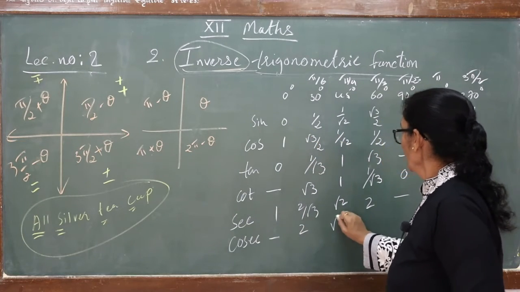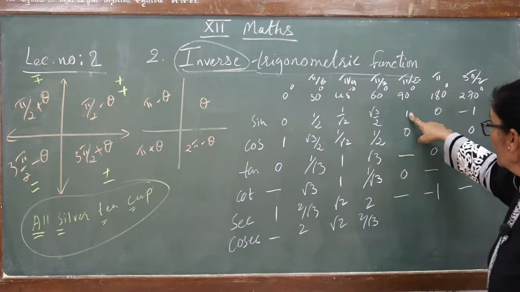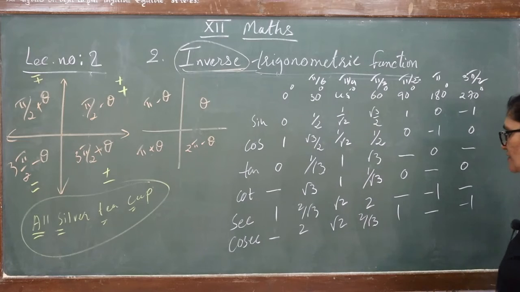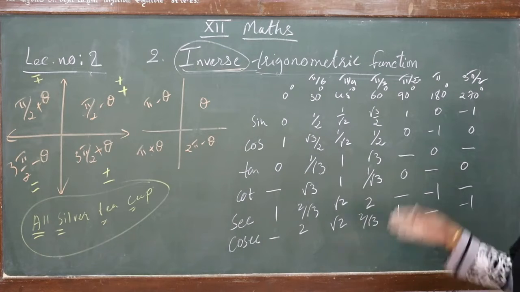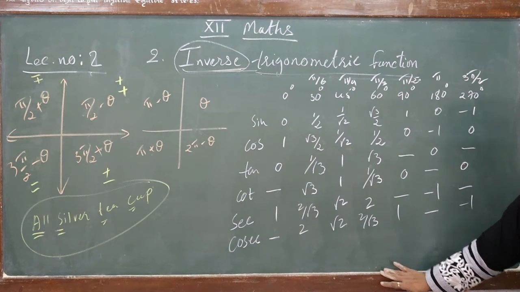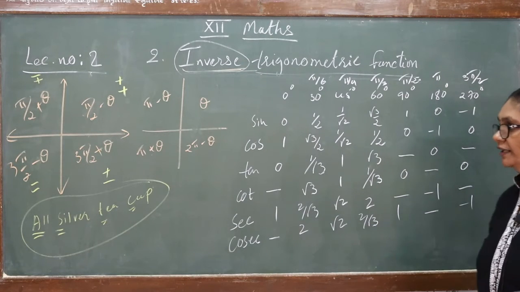This is 2, this is root 2, 2 by root 3. Now 1 upon 1 is 1, 0 means infinity and this is minus 1. So that way you have to remember all these things, then only you can solve inverse trigonometric function questions. So just take a screenshot of it, so it will be more clear to you how to find the quadrant.